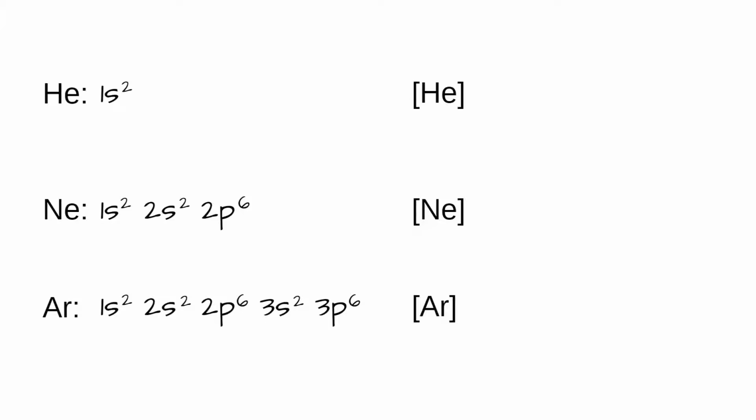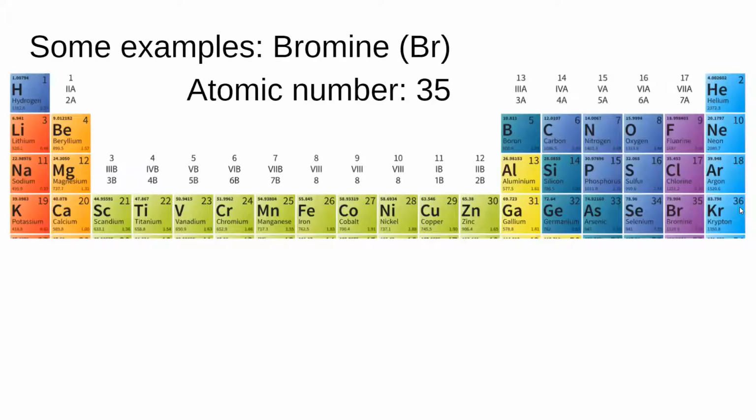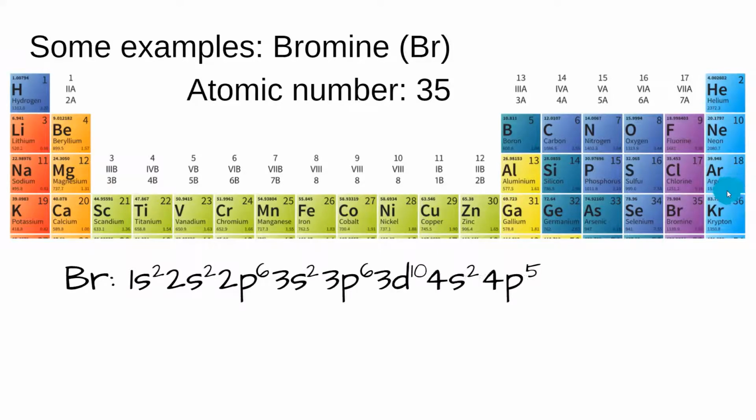Neon, when we write that in the square brackets, we're essentially saying it's 1s2, 2s2, 2p6, but we're condensing that down to neon in brackets, and the same for argon. So if we use bromine as an example, it's element 35, and to write 1s2, 2s2, 2p6, it's going to take a fair amount of time.